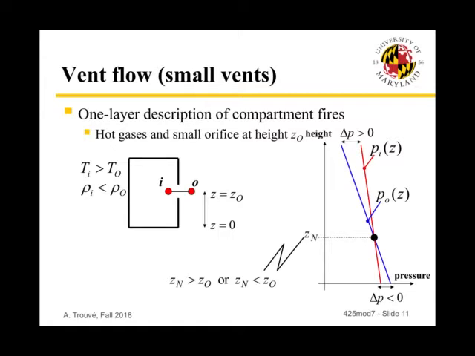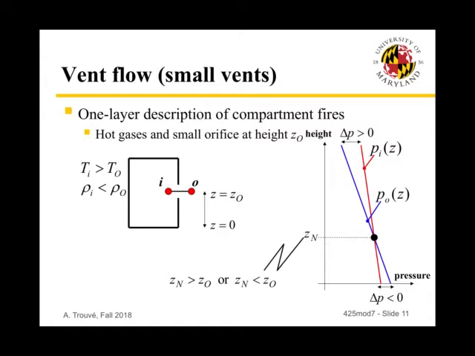So we're going to characterize the vent by a single elevation Z equals Z capital O. The capital O means opening. Okay, so bear with me on the notations. The small o for P means outside, small i for P means inside, or for rho or for T. But for Z, the capital O means opening.